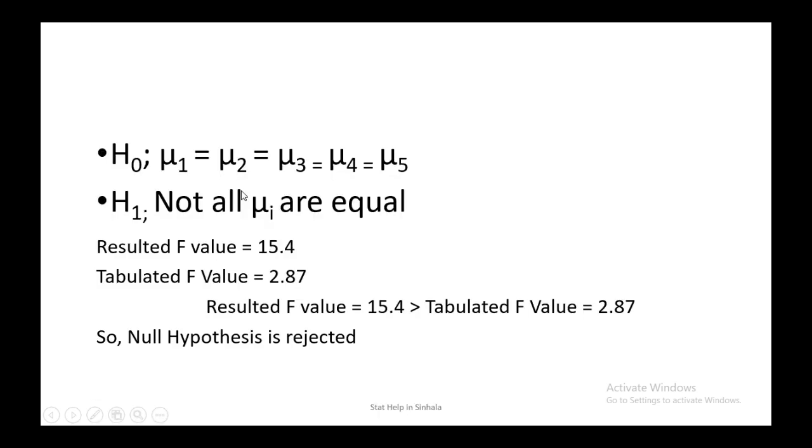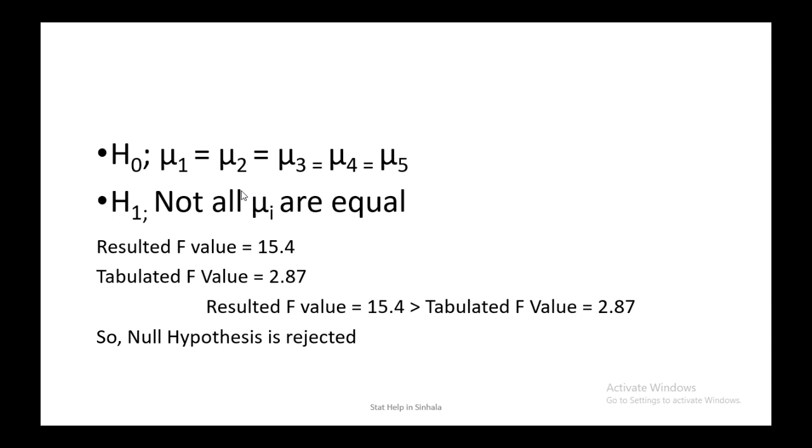So the resulting F value 15.4 is greater than the tabulated F value. That means we can say the null hypothesis can be rejected at the significance level of 0.05.